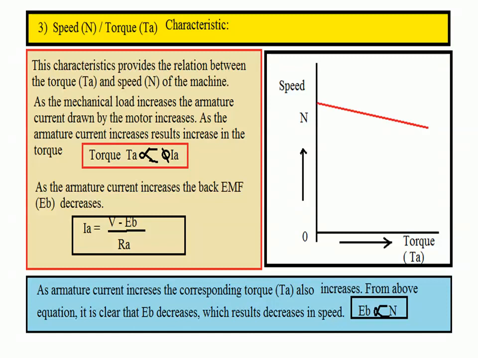As the armature current increases, the corresponding torque also increases. As the back EMF decreases, the speed of the motor also decreases, because back EMF is directly proportional to speed. Hence, as the armature current increases, the speed of the motor decreases, as shown in the graph.